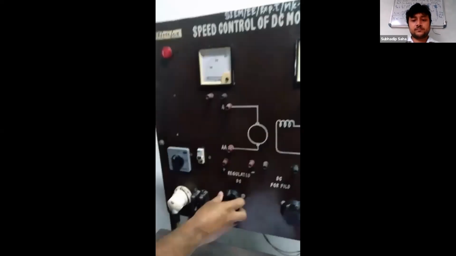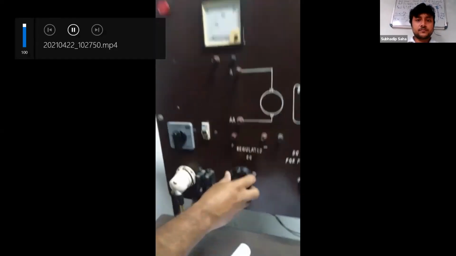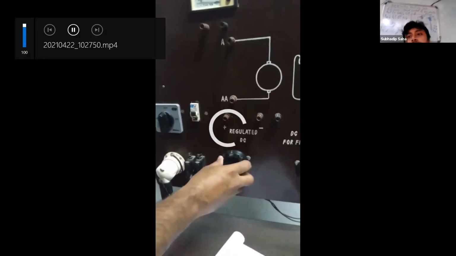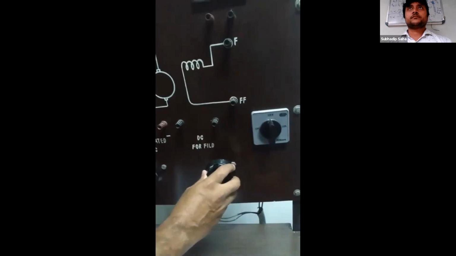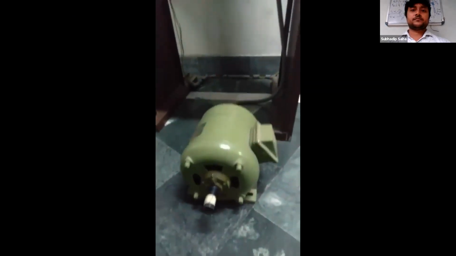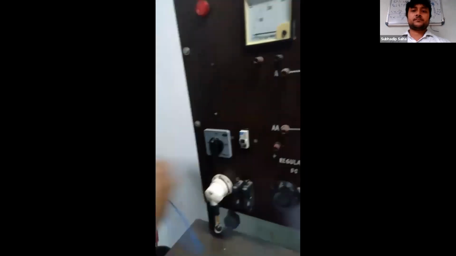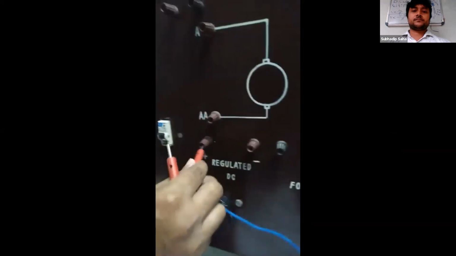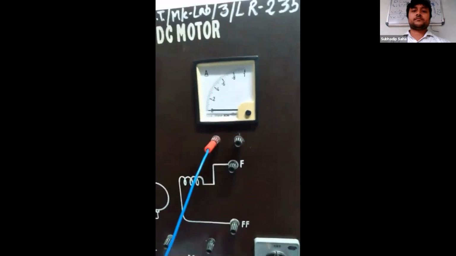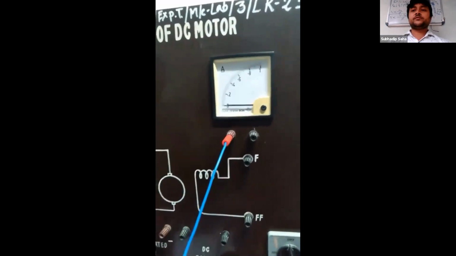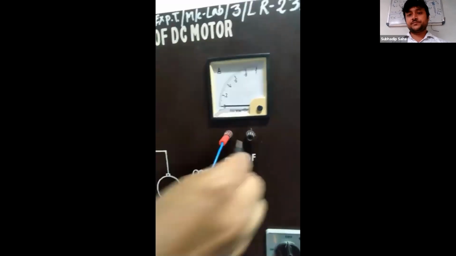This one is armature control, and this one is field control. Now the connection is from the supply to the ammeter, and the ammeter to your armature.